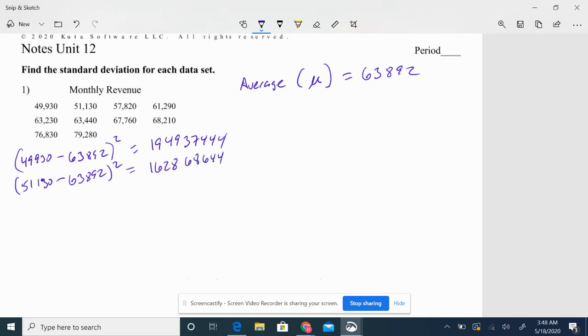All right, I'm going to do it to the third number. I'm just going to write down my result. The third number, 57,820 minus the average, squared, so multiplied by itself. I have 3686 9184.